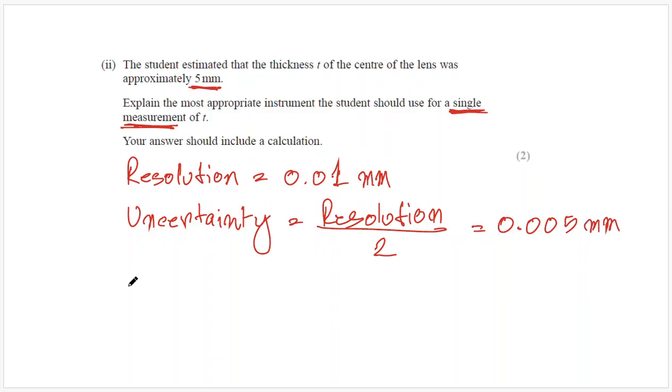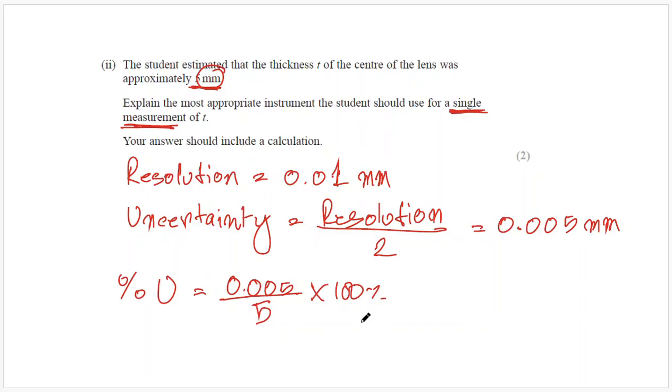And always remember, the equation for percentage uncertainty is uncertainty, 0.005, divided by measured value, which is 5. Keeping in mind, the units are consistent. It's millimeter, the measured value, and the uncertainty is also in millimeter. So you're good. Times 100%.